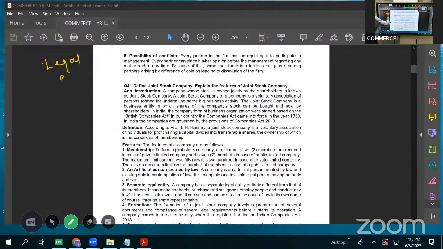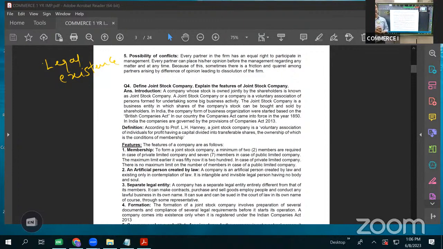I told you yesterday, suppose there is a proprietary firm, Galaxy Mobiles, and the proprietor is Mr. Rao. In the eyes of law, Galaxy Mobile does not exist. Mr. Rao is the whole and soul of Galaxy Mobile, right? Mr. Rao, a natural person, has existence, but Galaxy Mobile does not exist in the eyes of law.